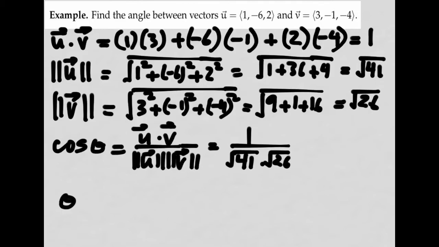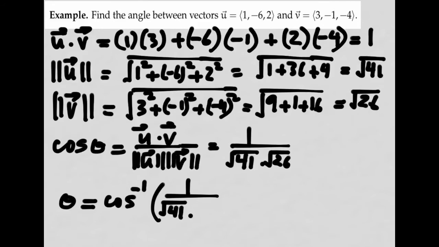So theta is cosine inverse of 1 over square root of 41 times square root of 26.